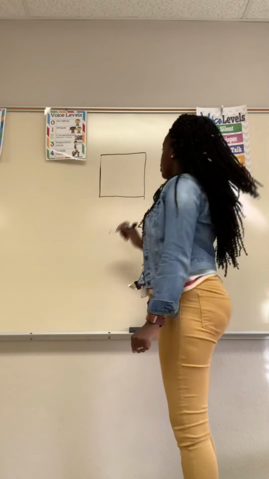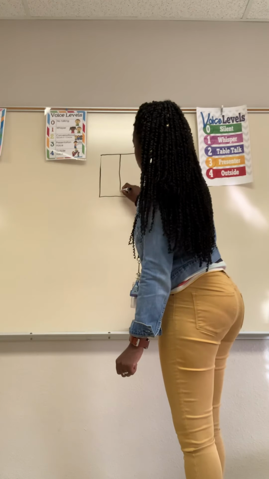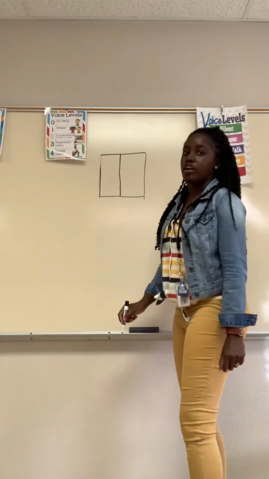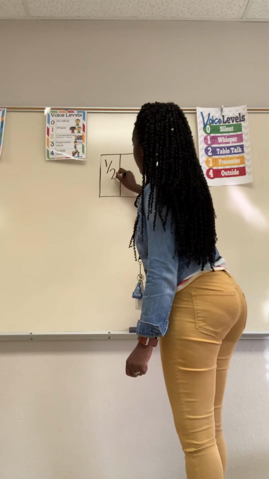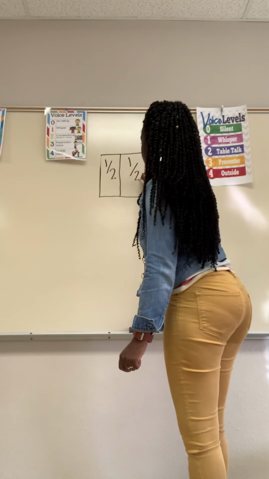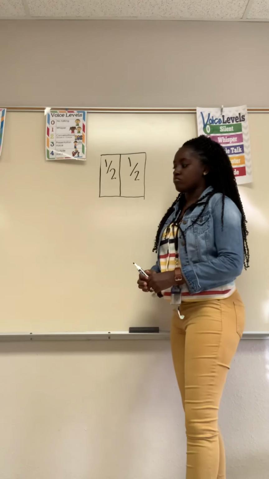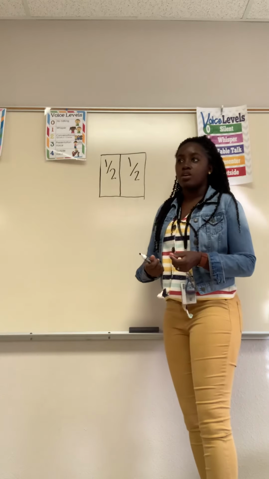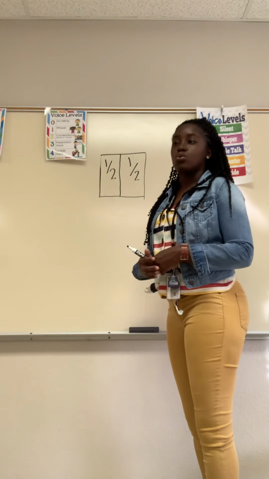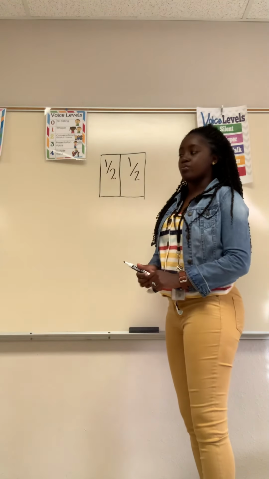Equal shares, if I go down the middle, that's an equal share. That is equal. So now I have 1/2 here, 1/2 here. And let's get into halves. 2 halves equals 1 whole.